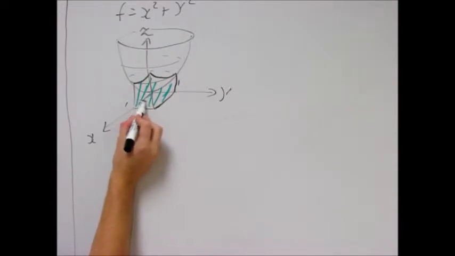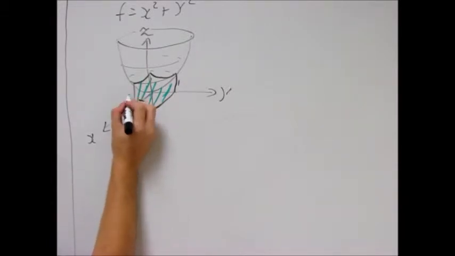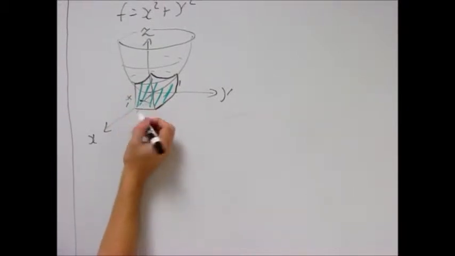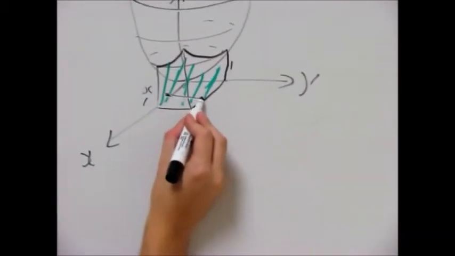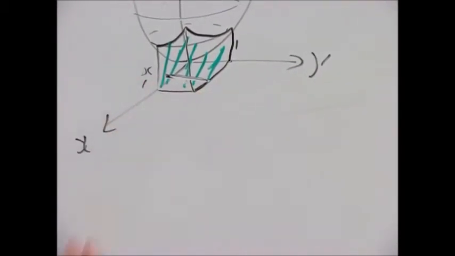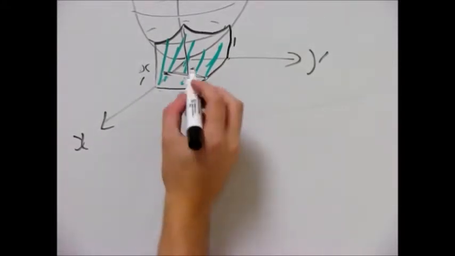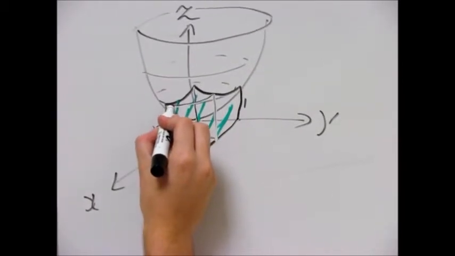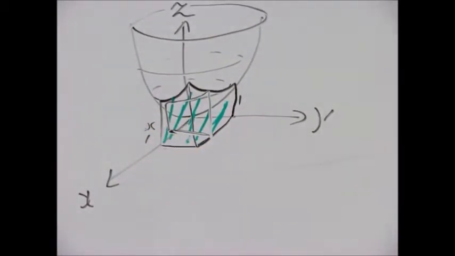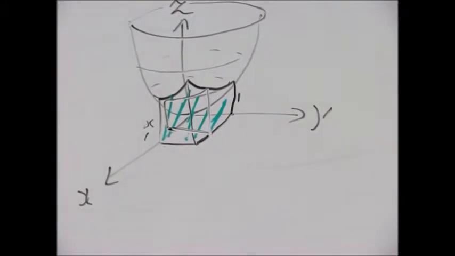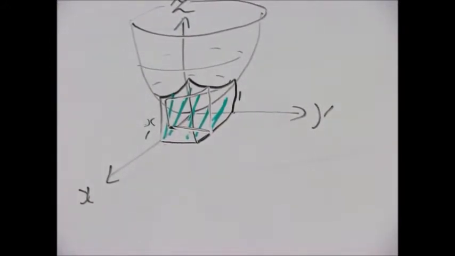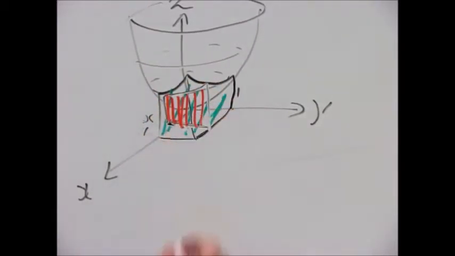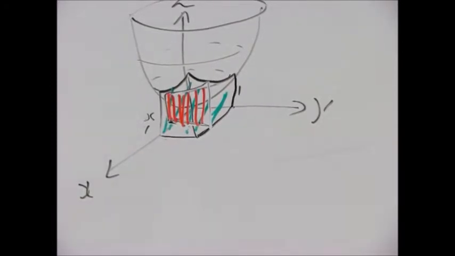So say we pick a random x value, x, and if we hold x constant, we get a slice of this region. And we can find the area of this by a single basic integration.